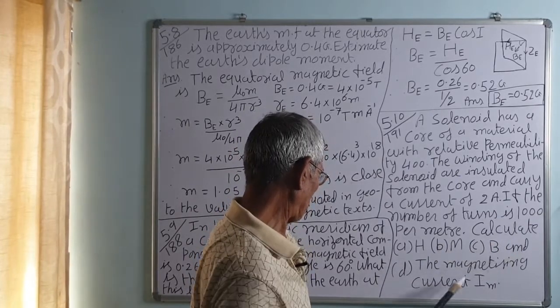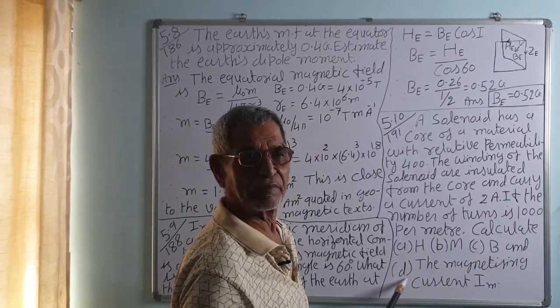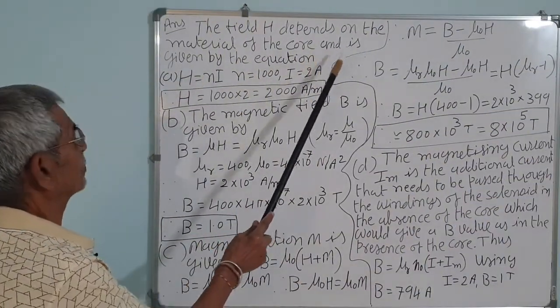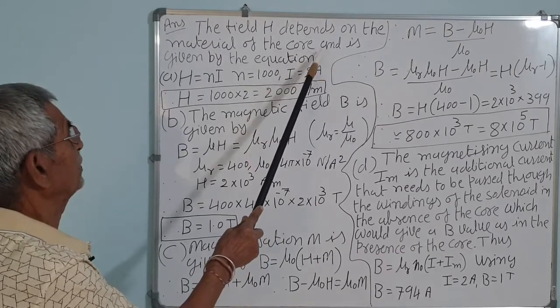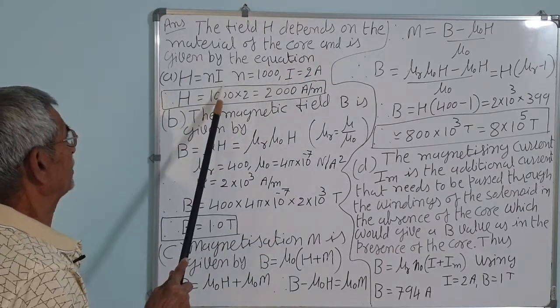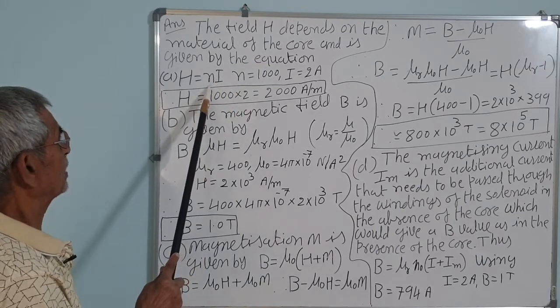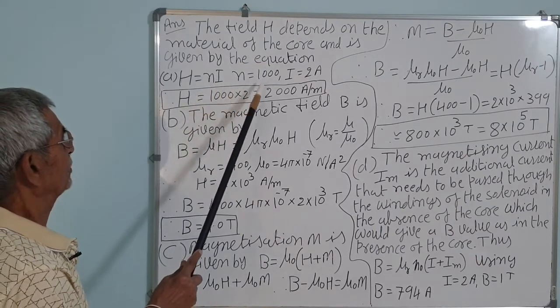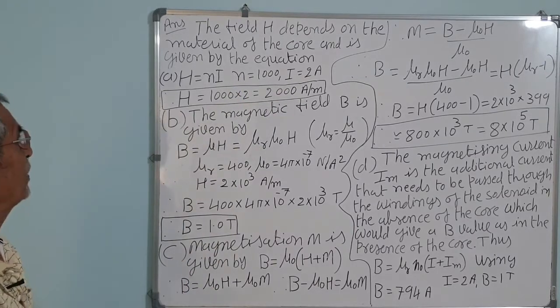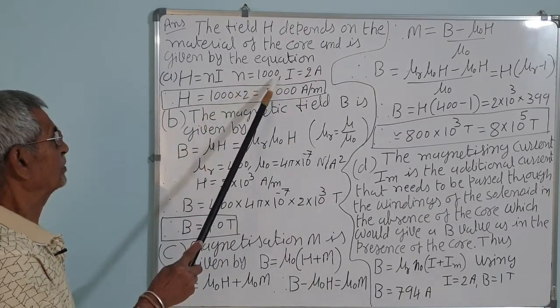The magnetizing field H does not depend on the material of the core, as we have studied in the solenoid, and is given by the equation H is equal to nI. I is the current and n is the number of turns per unit length. So the current is 2 ampere in the coil of the solenoid and the number of turns per unit length is 1000.